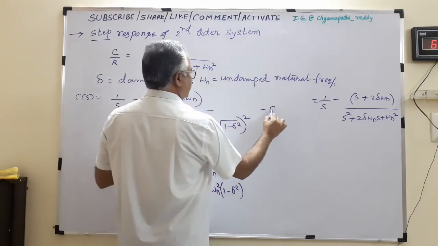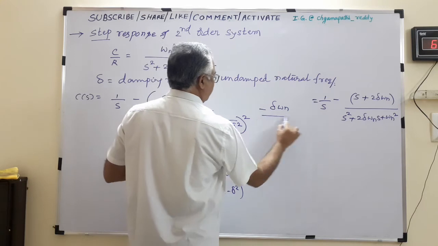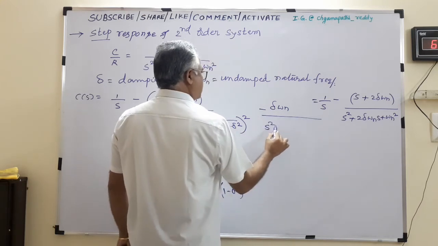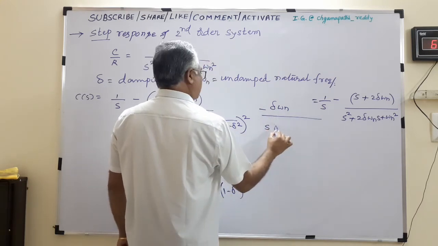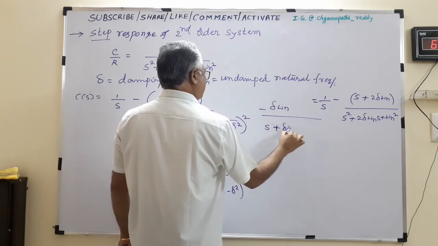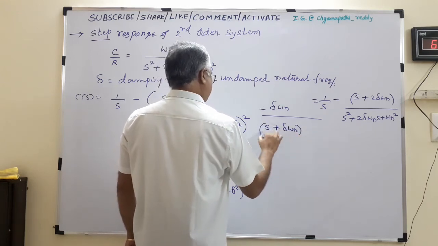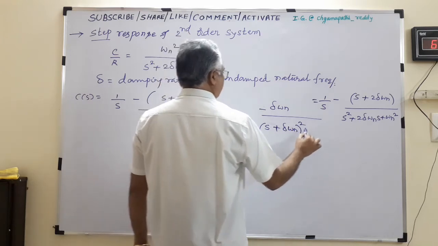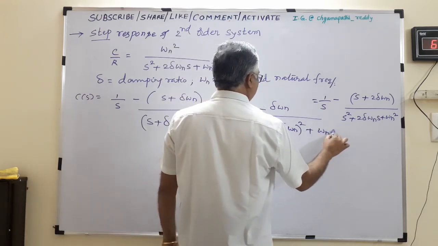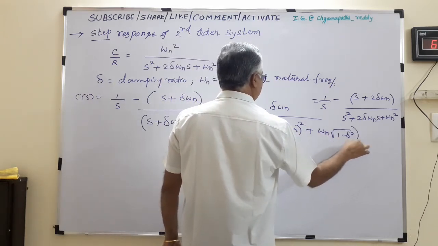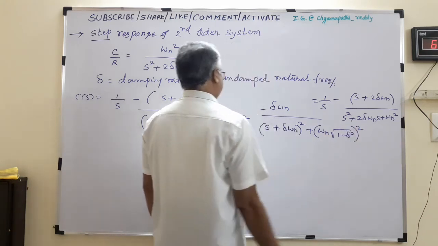So that is minus delta omega n by s plus delta omega n square plus omega n root of 1 minus delta square.